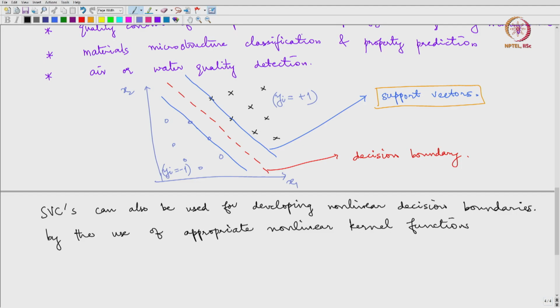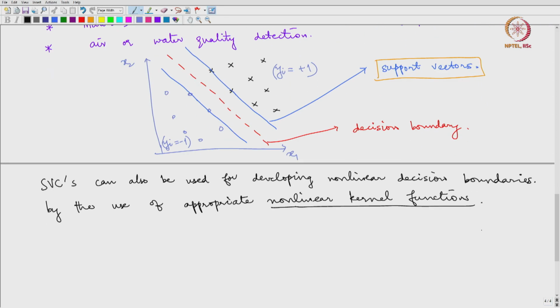A kernel function is just something that transforms your linear space to a non-linear space, and they are used to make the decision boundary a nonlinear one, because in many problems the points may not be separated by a linear hyperplane, but they may rather be separated by a nonlinear decision boundary. So, this is how a support vector classifier works, it is quite intuitive.